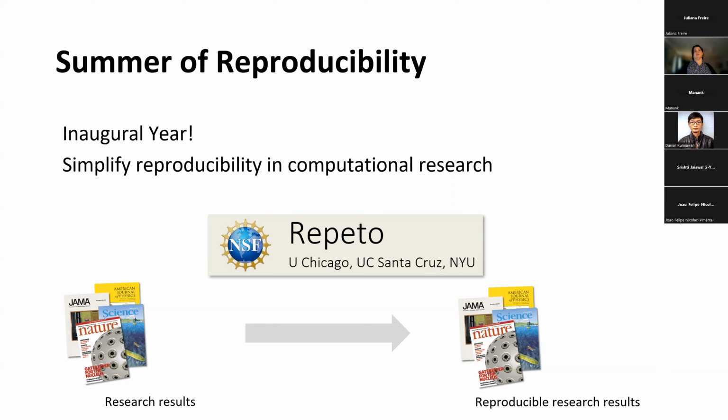The structure is very similar to GSOC. It's just that the funding we're getting through the National Science Foundation, a US federally funded foundation, allowed us to work with any mentor working on reproducibility issues, not just within the University of California system.